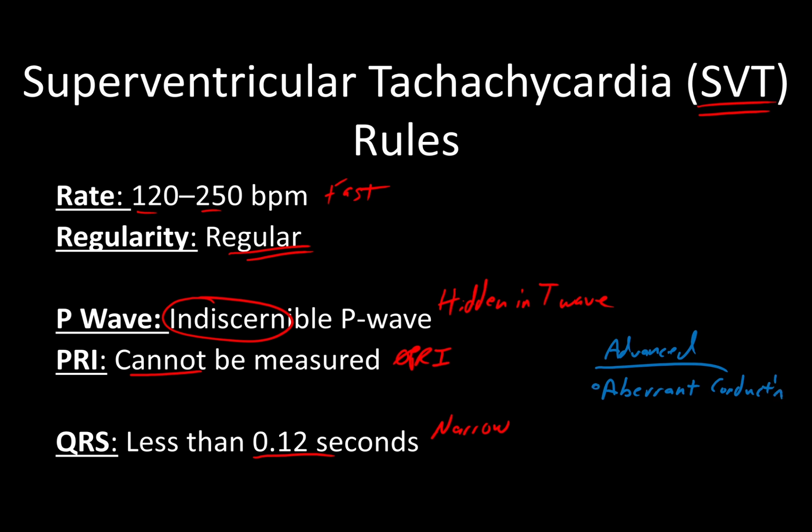It is far more common with faster rhythms. We talked about that a little bit with the AFibs, how you're more likely to see it. So it's no wonder that with a heart rate that's running up in the 200s, it's very, very common. In fact, sometimes when a person's in SVT, it's nothing but an aberrant looking conduction, and then when it slows back down, it goes back to normal. And we'll go through a few examples of that as we move forward.